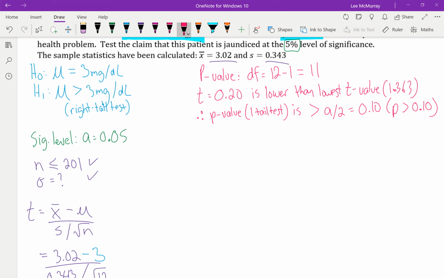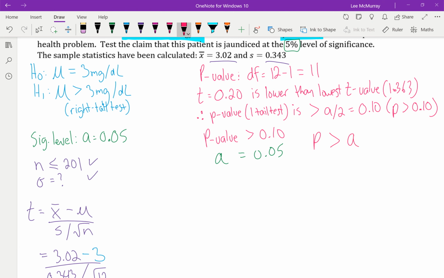Okay? And in this case, when we compare the two, the p value is anything above 0.10, and our alpha is equal to 0.05, so we can see that our p value is going to be greater than our alpha, right?